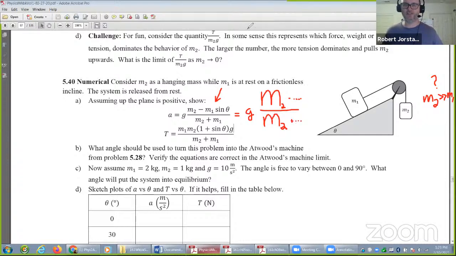Well, these small parts don't really matter. This part we can ignore, and this part we could ignore. It's small. These cancel out. Does that answer seem reasonable if M2 is large compared to M1? What do you think?